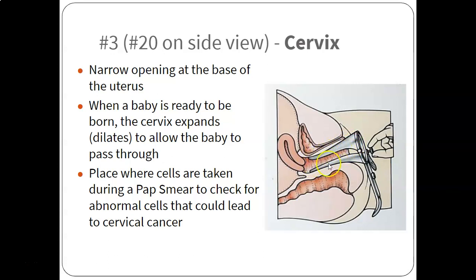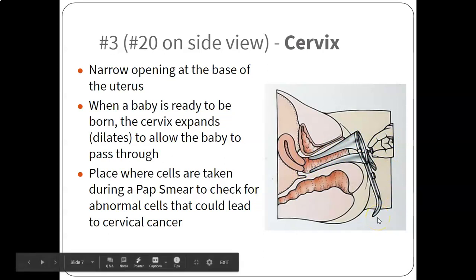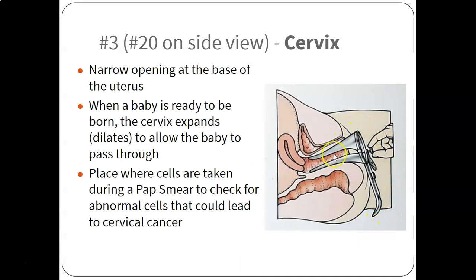So they insert the speculum into the vagina and open it up a little bit, and then the doctor will take a small wand, like a little wooden spatula thing. It goes in there and just takes some cells off of this cervix, and then takes it out and removes the speculum, and it's back to normal. This is not painful.